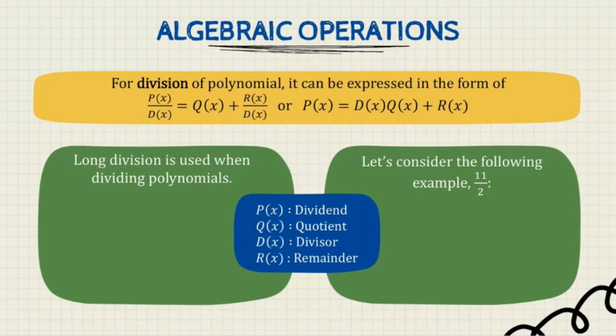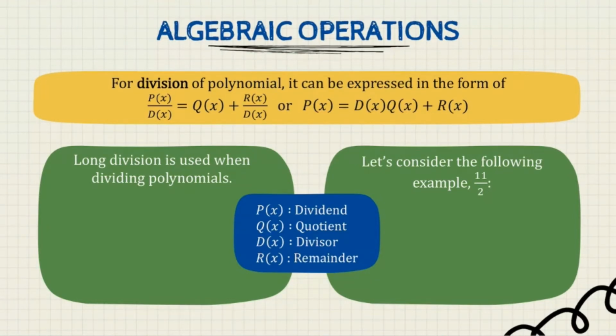It can be expressed in the form of Px over dx akan sama dengan Qx tambah Rx over dx, ataupun bila kita darabkan this whole equation dengan d of x, kan? So nanti tinggallah Px sama dengan dx times by Qx plus dengan Rx. So dia ada dua cara untuk tulis the answer for division ni lah.